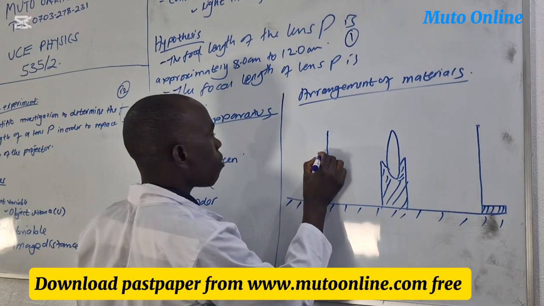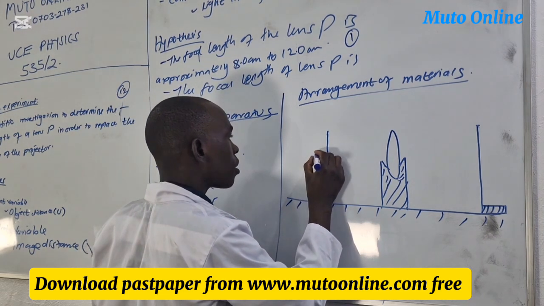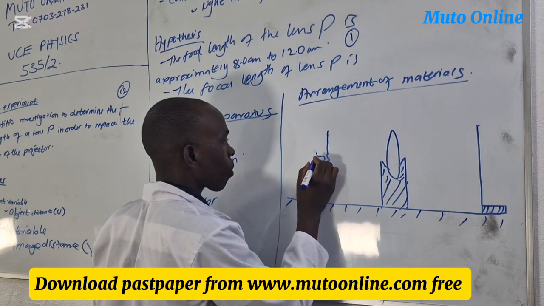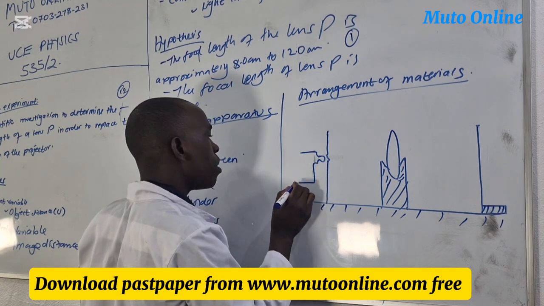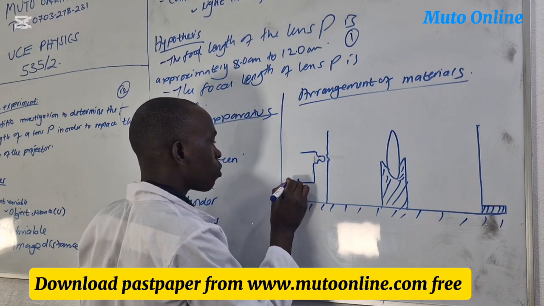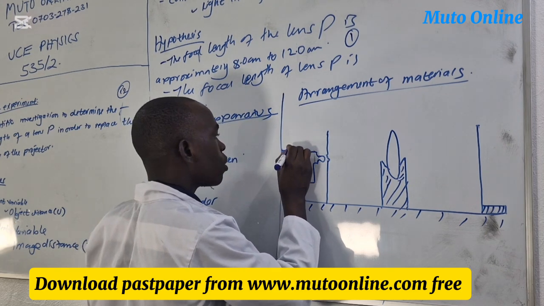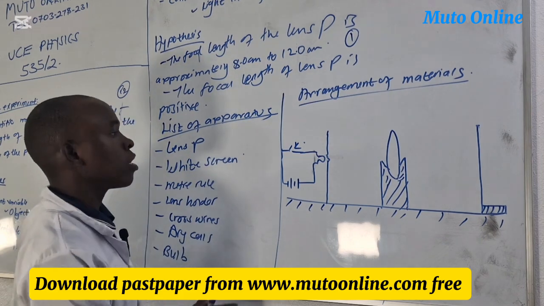Then we shall have a bulb this side. We shall have a bulb, which will be connected to either one or two dry cells, and the switch K somewhere, can call it switch K there, and these are dry cells.